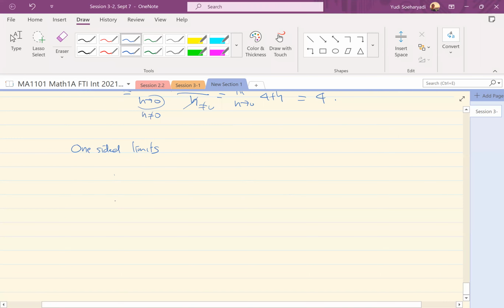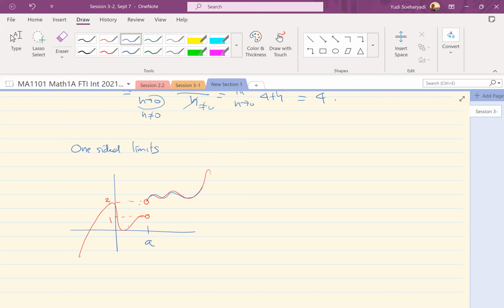So just intuitively say something like this. Okay. So first for this one, this is 2. Okay. So in this case, if one observer comes from the right and gets closer to 2, in this case, there is no limit because the observer from the right and from the left don't agree on a number. Yeah.